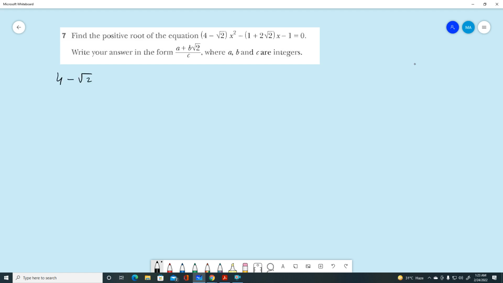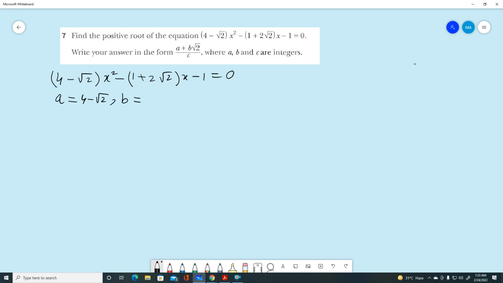(4 minus root 2) x square minus (1 plus 2 root 2) x minus 1 is equals to 0. Again I will use the quadratic formula. What is a? The coefficient of x square, 4 minus root 2.